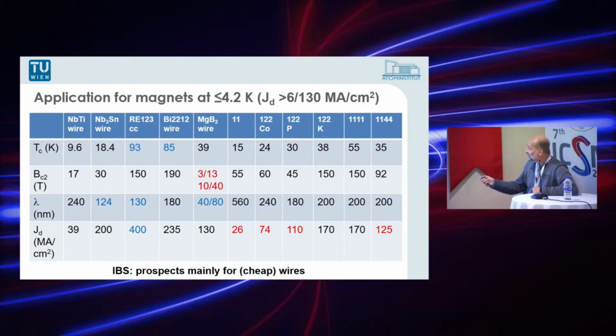But I'm not aware of any work on coated conductors with this compound, because they are quite complicated to grow. And it's also quite obvious why YBCO is the only reasonable candidate so far for making coated conductors. So, in my view, for the iron-based superconductors, you just have application prospects if you have a wire, and it should, of course, be cheap to be able to compete with niobium titanium, for instance.